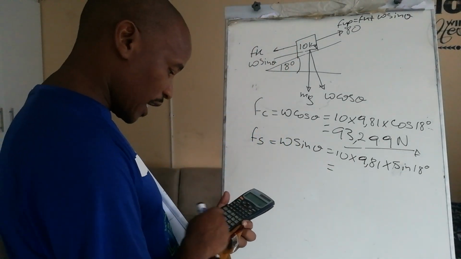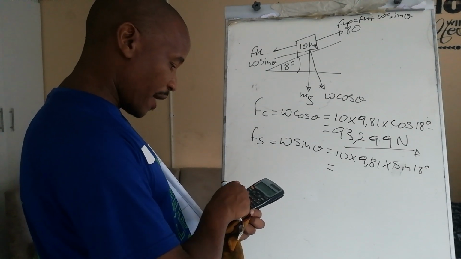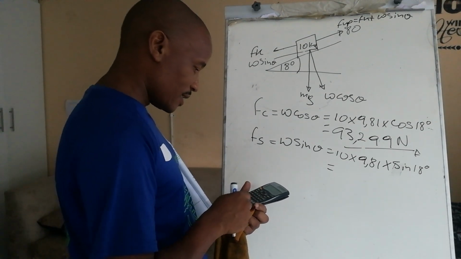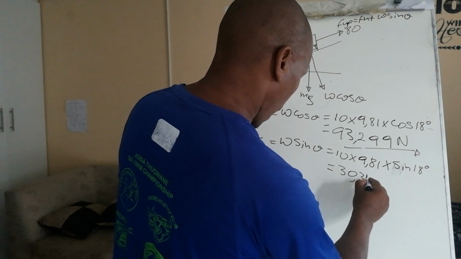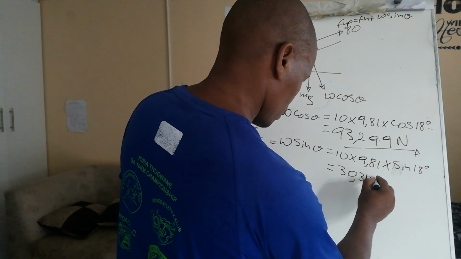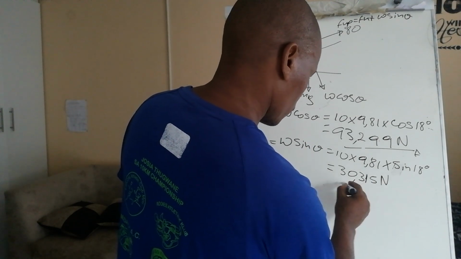It is 10 multiplied by 9.81 multiplied by sine of 18 degrees, and it is 30.3145, meaning it is 30.315 Newton.